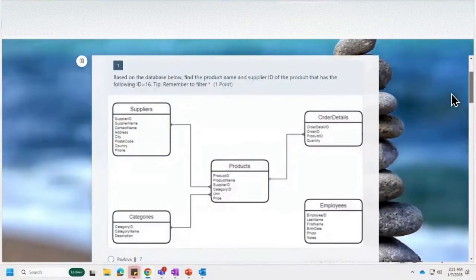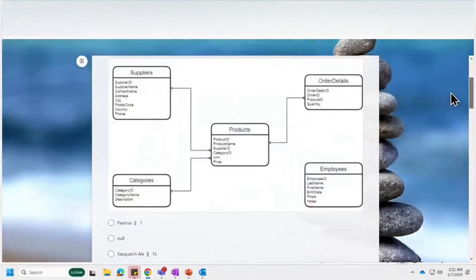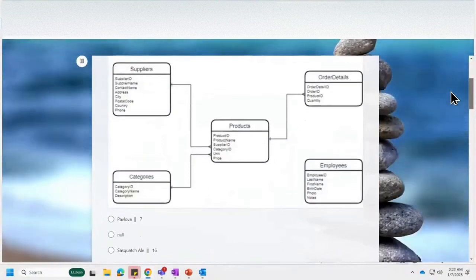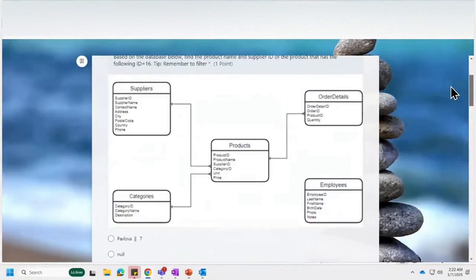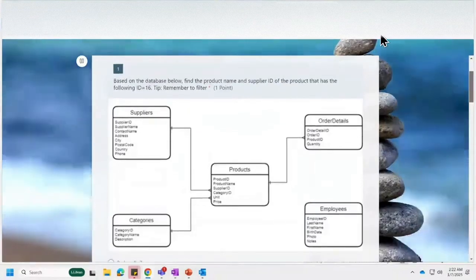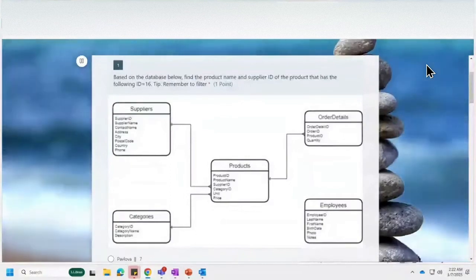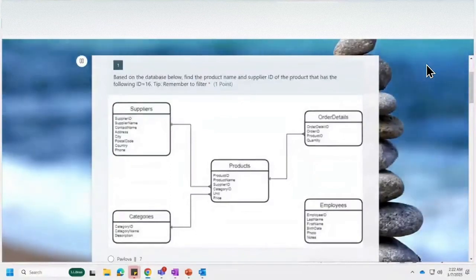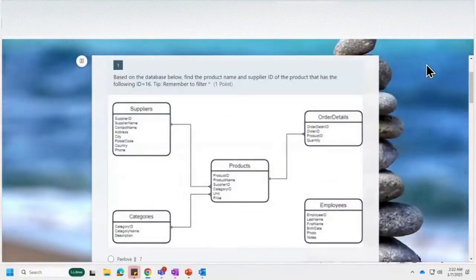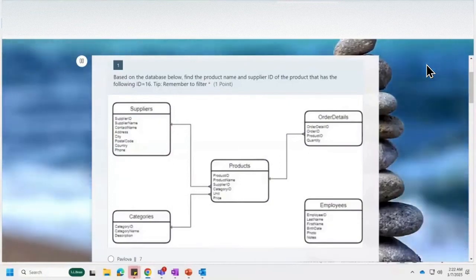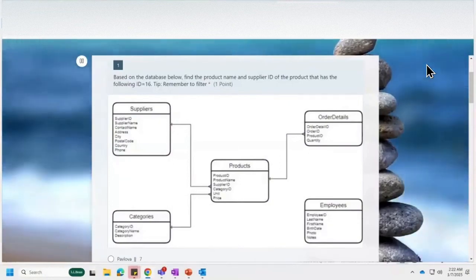That's not a hard question in SQL. We have to go and look at the database by performing the query, see which product has the ID of 16, and find that product name and the supplier ID.